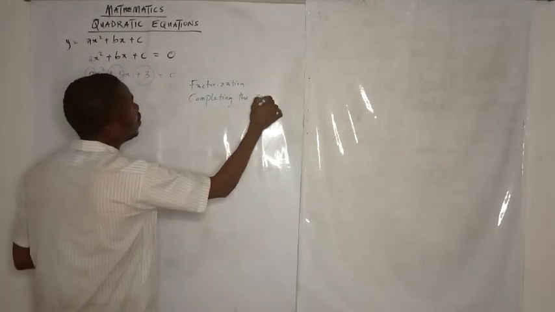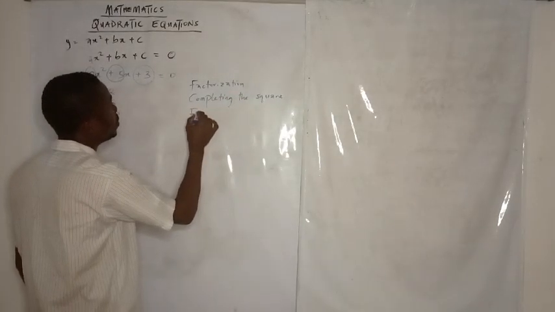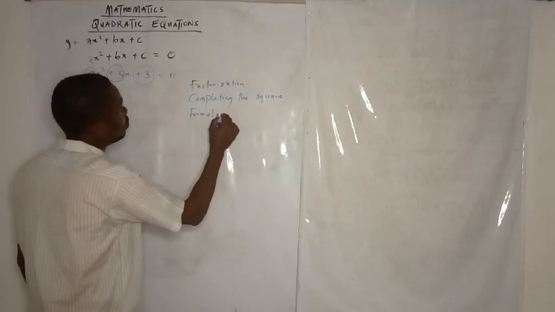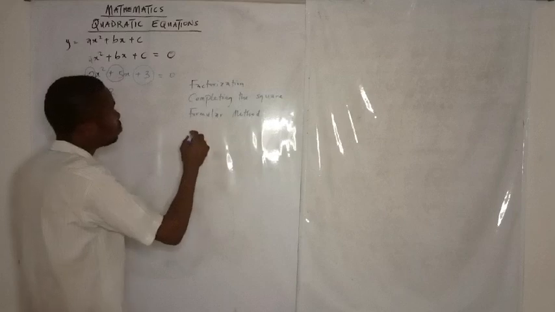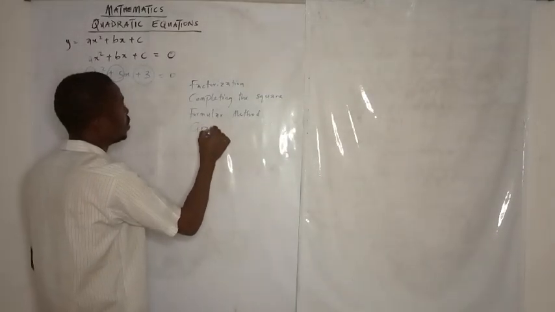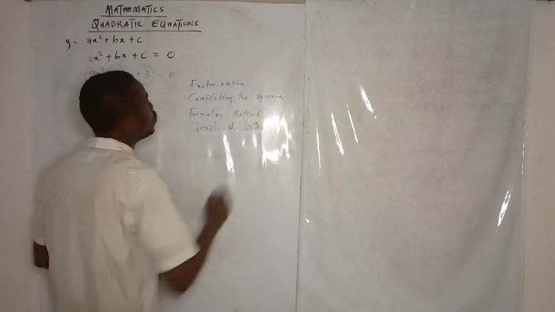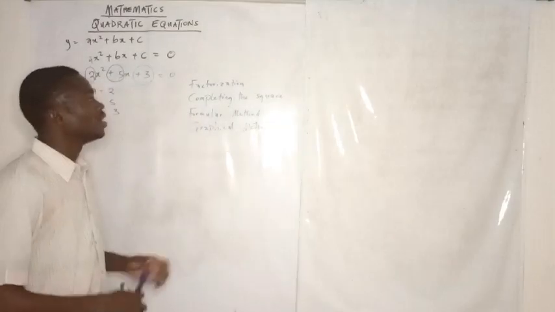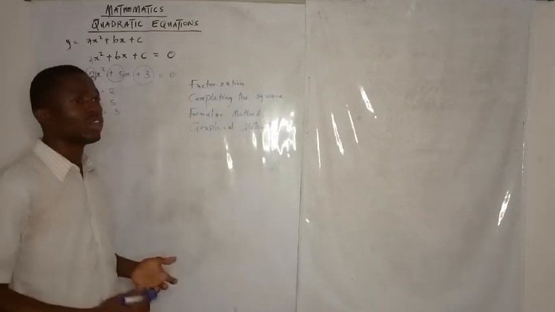The third method is the formula method. And the fourth method is the graphical method.